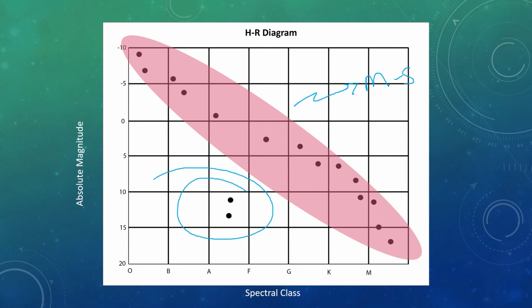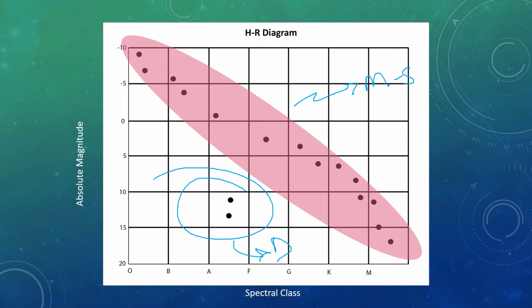And what you have out here is going to be, for example, your "I'm trying but I'm still failing" group, or your dwarfs. And so basically you can take this data that you have and look at it and say, hey, this trend right here is our main sequence.